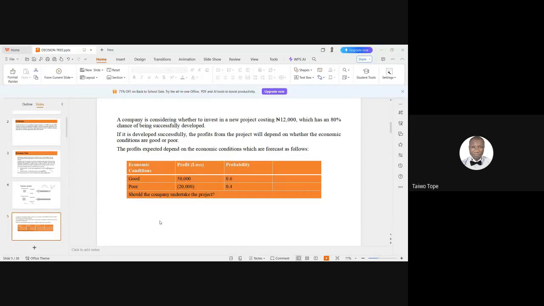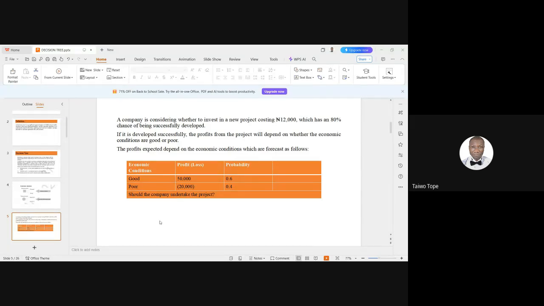The associated probability is 0.6 when it is good, and 0.4 when it is poor. Should the company undertake the project?